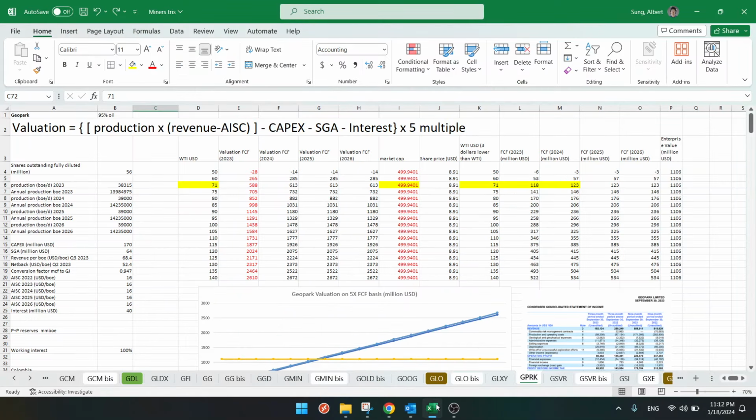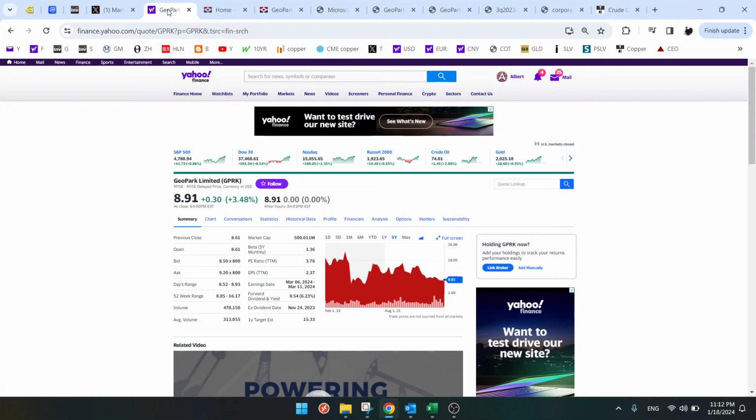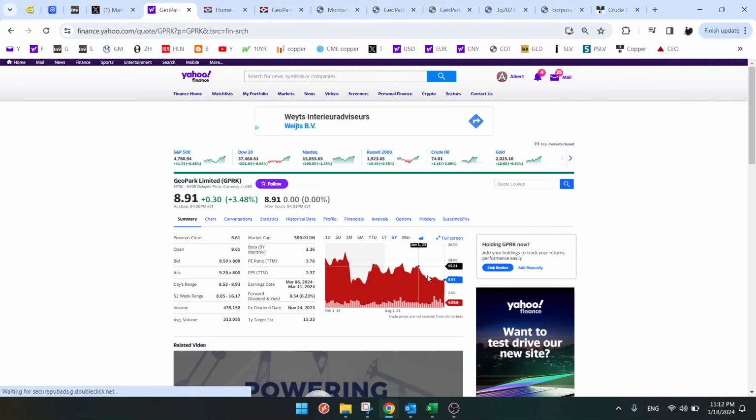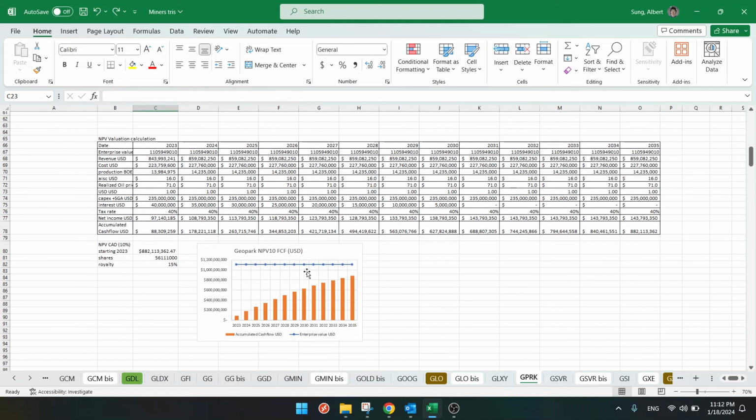So that is why Geopark is also down. Okay. Would I buy this? No, I will not buy this because it's overvalued at current oil prices. If oil goes up, then I would buy it, but oil is down, so I won't buy it.